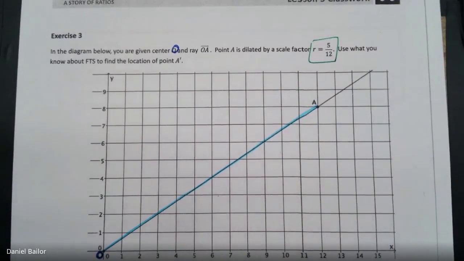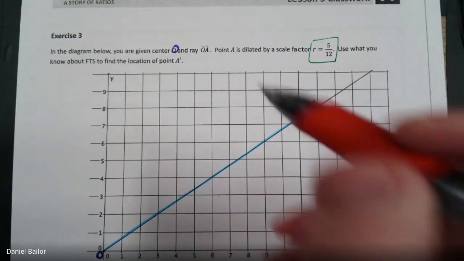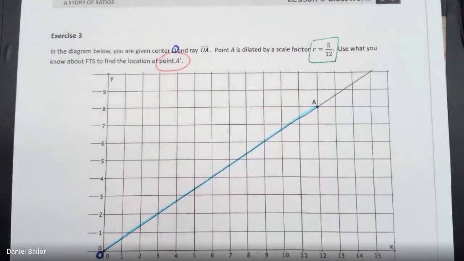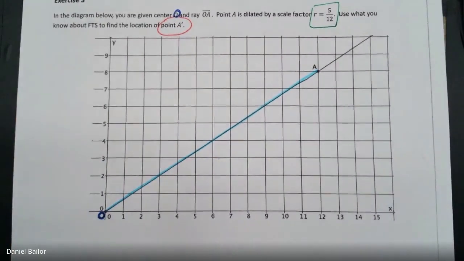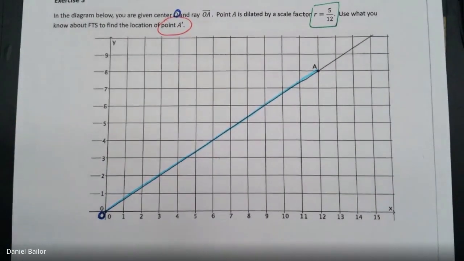And now what you need to do is find point A prime. You need to find the dilation. Well, you're going to use the equation. Remember, the equation is A times R equals A prime.